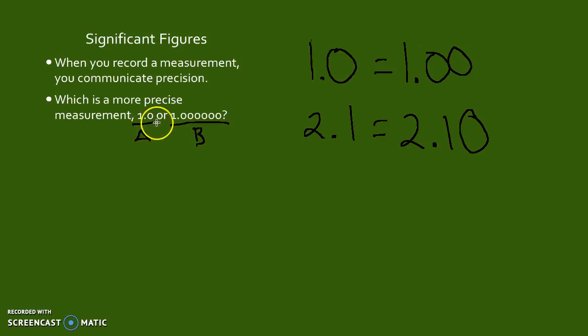Okay, so hopefully you chose B. And why could be because you can see they recorded to more place values, so they were able to measure to a smaller place than they were here. For example, let's say you're using a meter stick and you're measuring something in meters.